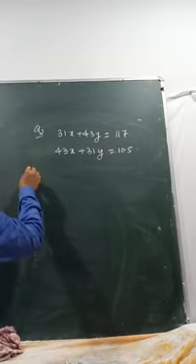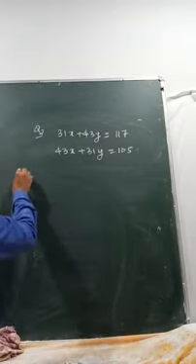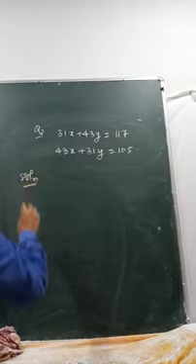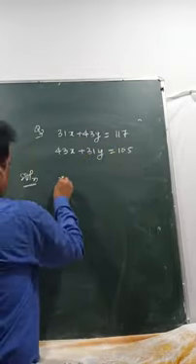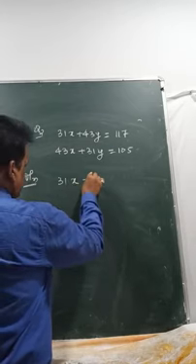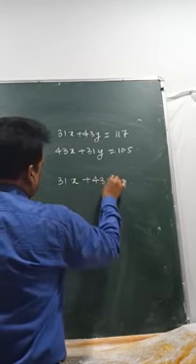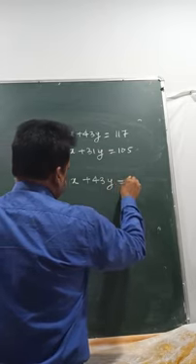So therefore, how to solve? I take the first one. Suppose I take this equation: 31x plus 43y equals to 117.